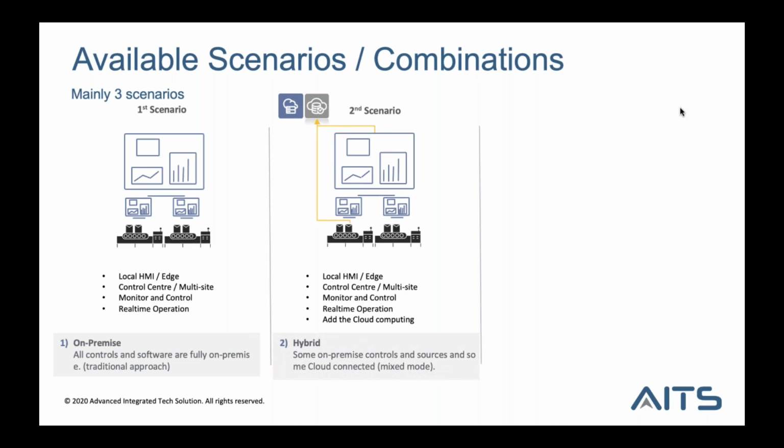When you have the same control room, or the same functionality, in an on-premise solution, and you add cloud connectivity to it, you should be able to extract some of the data, or the raw data, whether from a local historian or from a tier 2 historian, into a cloud connection, or a cloud historian, where you need to do further drill-down analysis on your raw data, to come up with some KPIs, or maybe insights, what enhancements can be done, what points we failed to achieve, and so forth.